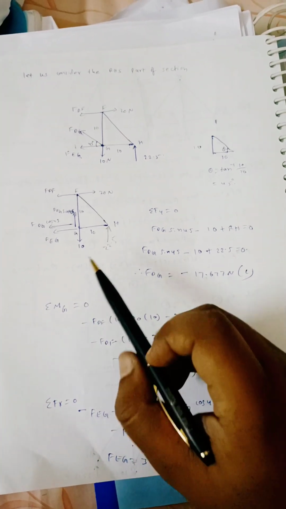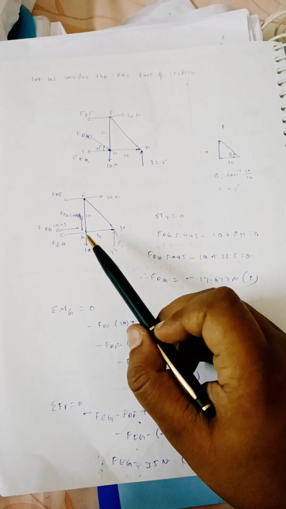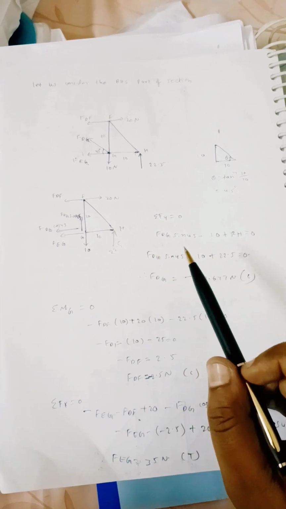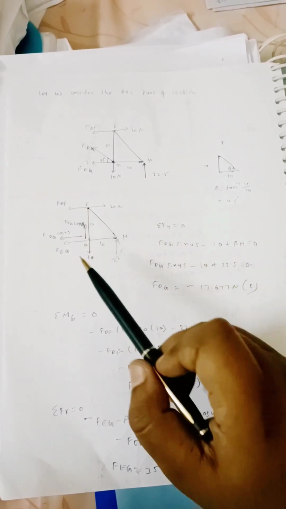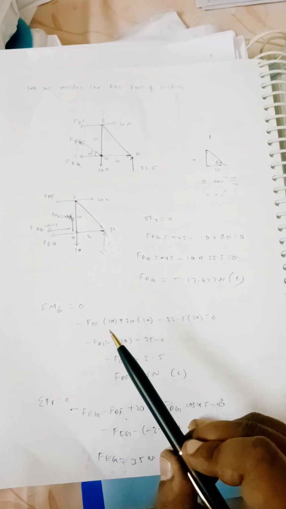Then I am applying sigma moment about G equal to 0. Remember, here we have to apply equilibrium equations for the complete right hand side portion, not joint by joint. So sigma MG equal to 0.